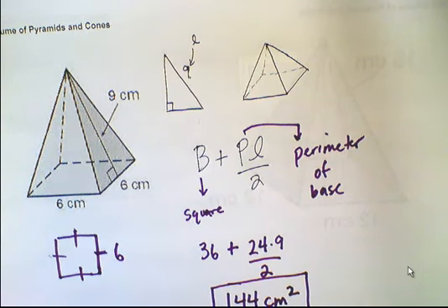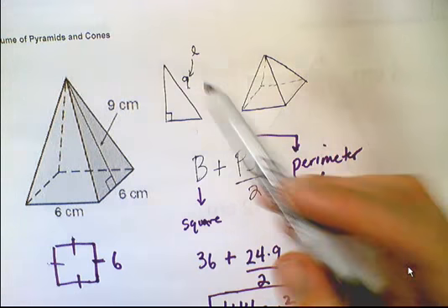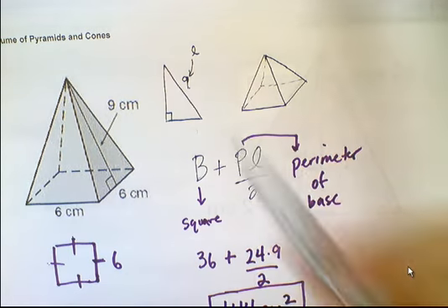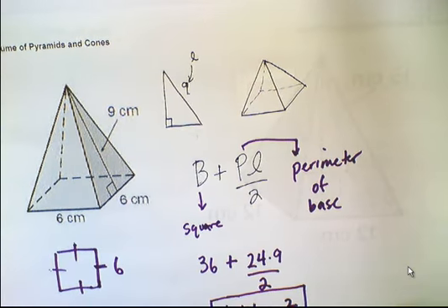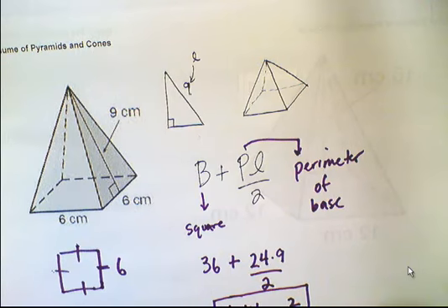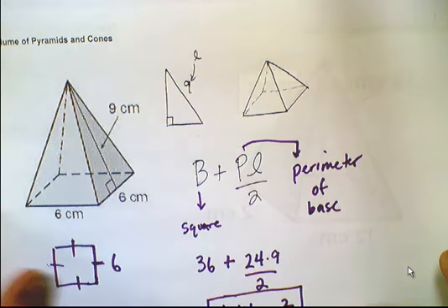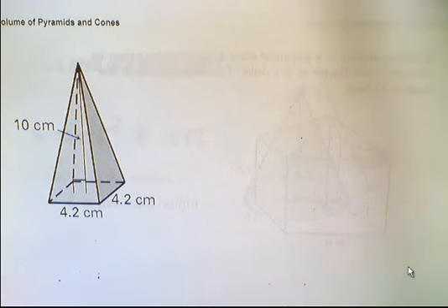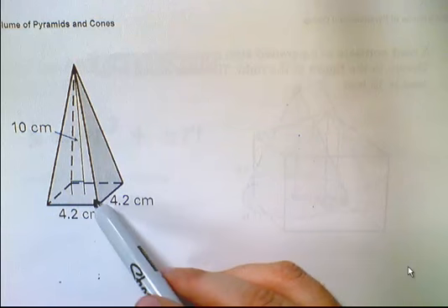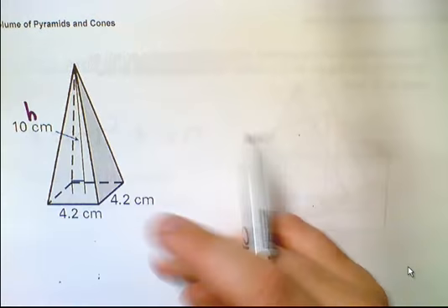Now, that was an example with the slant height given to us. We're going to do an example that doesn't have the slant height given to us. In this example that you see here, 10 represents the actual height.